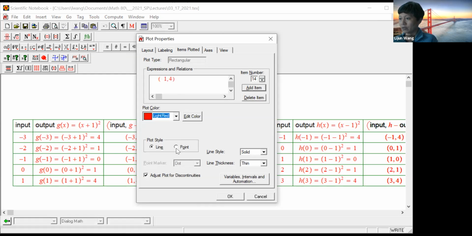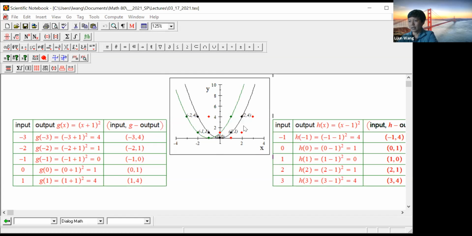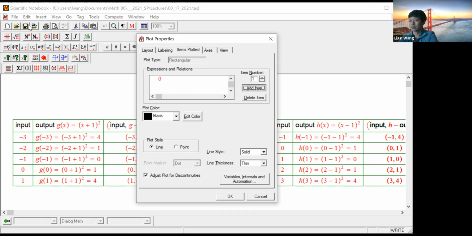We're going to use red dots. 0, 1, 1, 0, 2, 1, last 3, 4. Red dots. Connect the dots. Red. Boom.